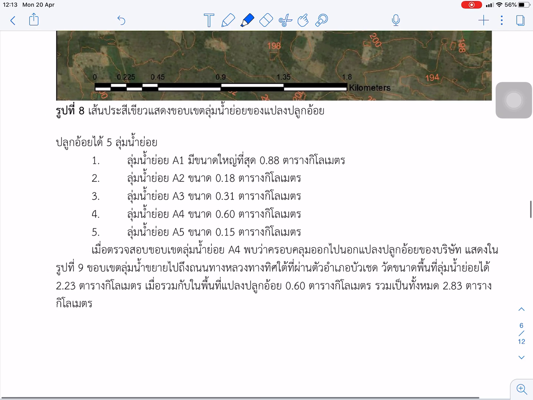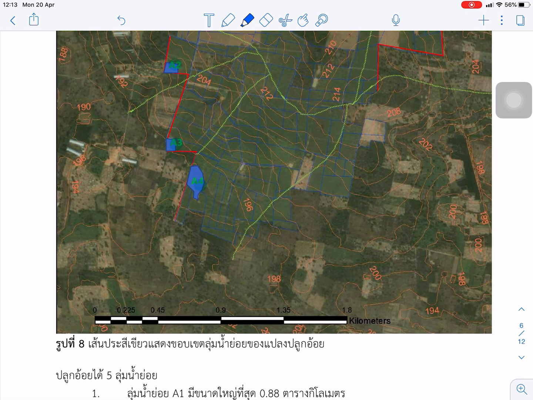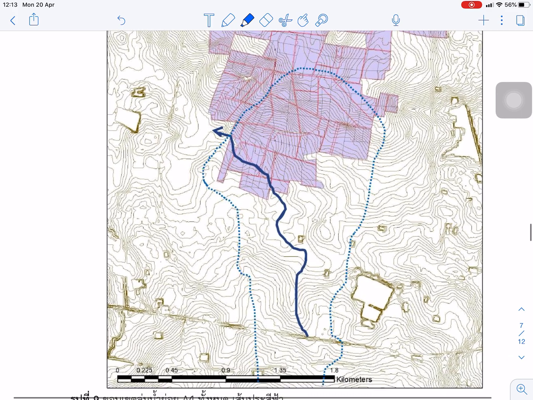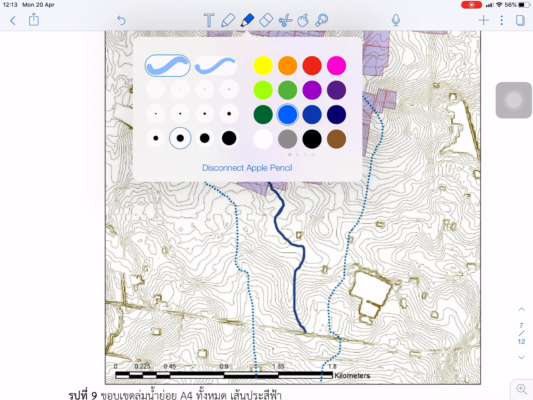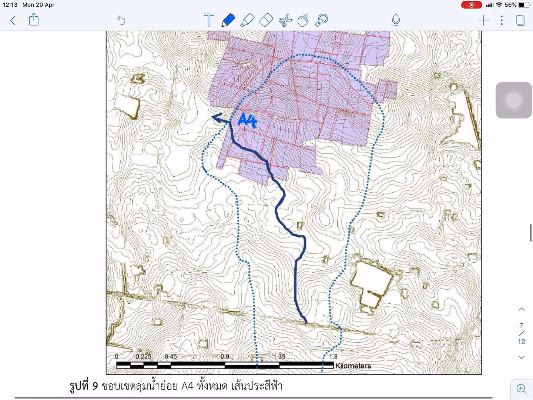We found one thing: for A4, in the southern part of the area, there is water coming from outside passing through this area. Not only the rain surface water from the target area, but some part of the water comes from outside.